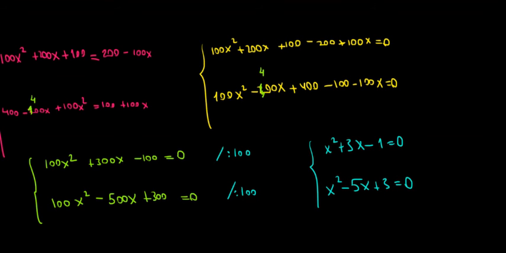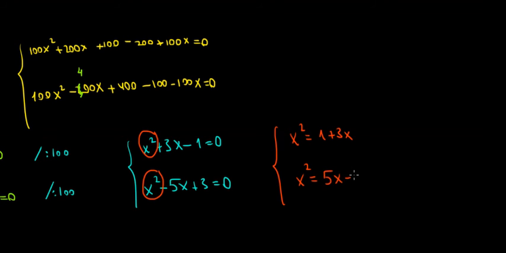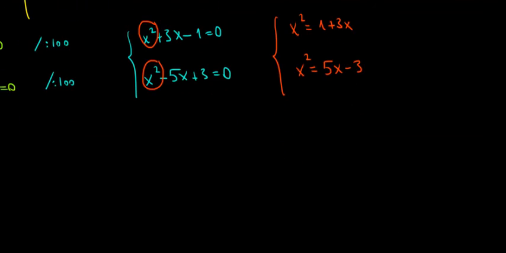We have x squared on both sides, so let's write everything in terms of x squared so that then we can work with that equation, this one and this one. From the first equation we have x^2 = 1 - 3x. From the second equation we have x^2 = 5x - 3, because we take the terms on the other side, meaning that these two expressions are going to be equal. 1 + 3x is going to be equal to 5x - 3.